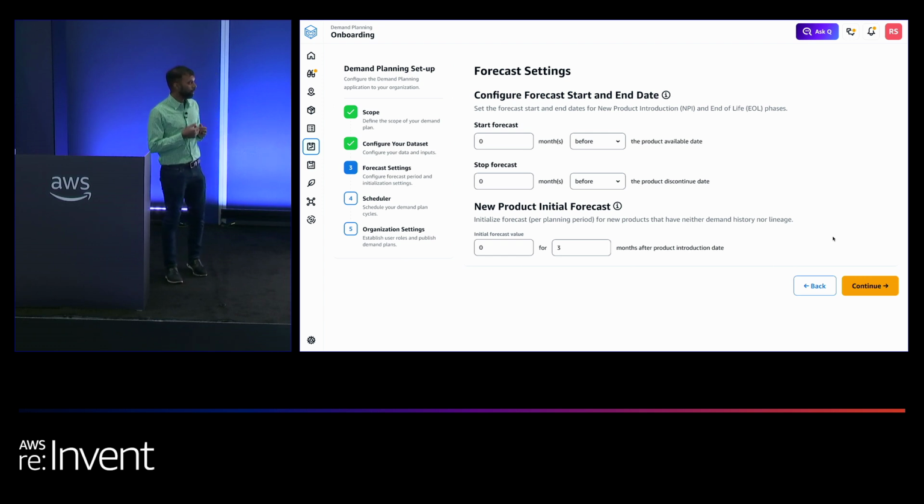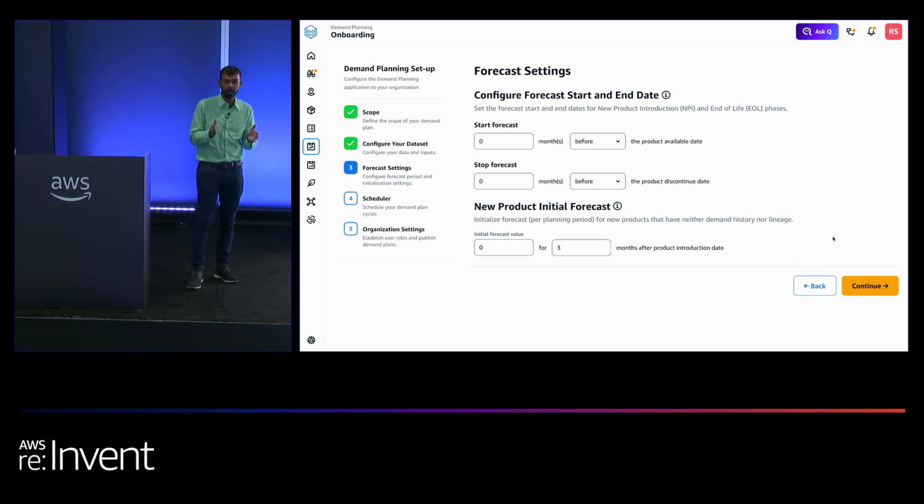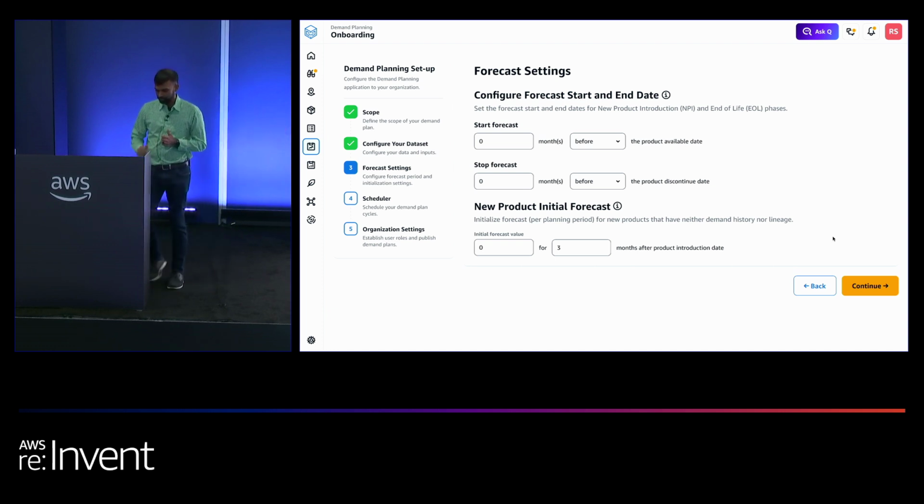The cool thing about AWS Supply Chain's demand planning capability is that the application gives the demand planner control to say how the start and the end timeline for these products needs to behave. Imagine you are launching a critical product, promoting a certain product that is key to your business. AWS Supply Chain lets you preset or define the time period for which you want to launch the product, so you are in time to support the launch.